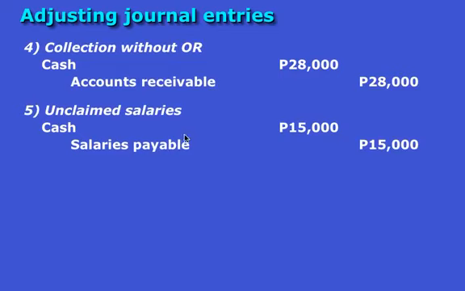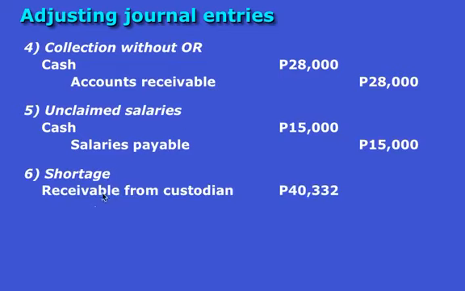Yung shortage. So ultimately, receivable yan from the custodian. Okay, so receivable from custodian. Now, hindi natin ma-split yung short as to petty cash and cash. So just credit the general cash account. Okay.